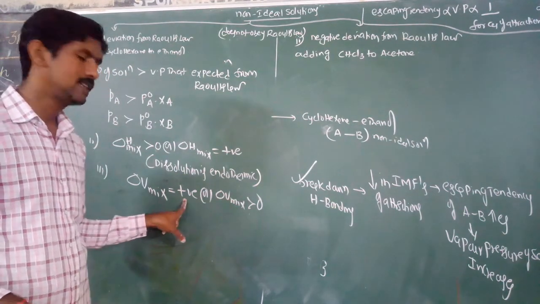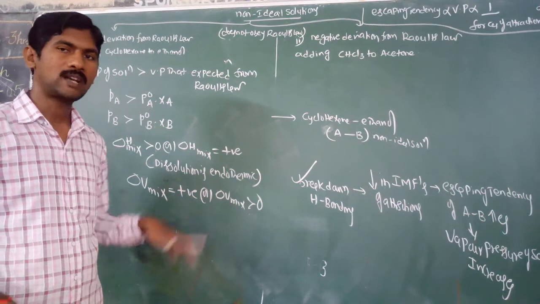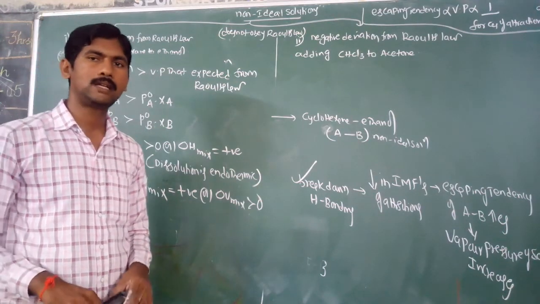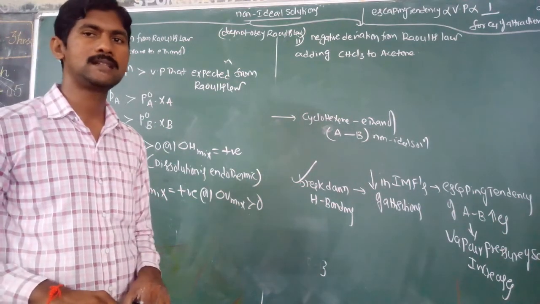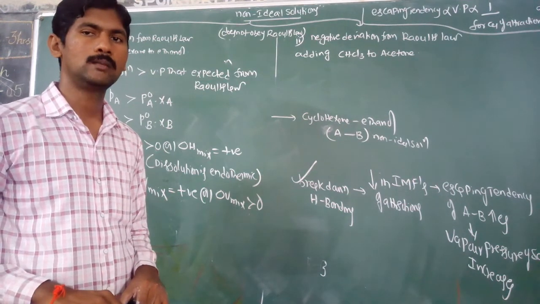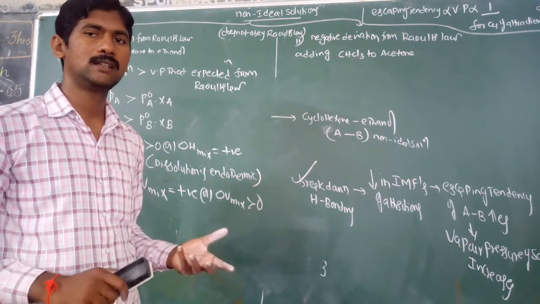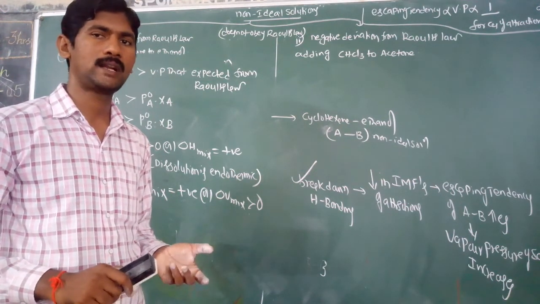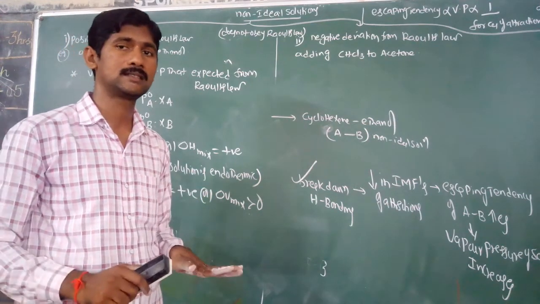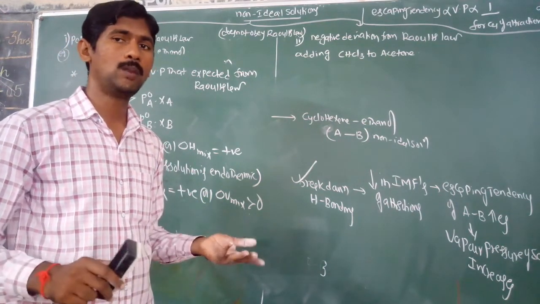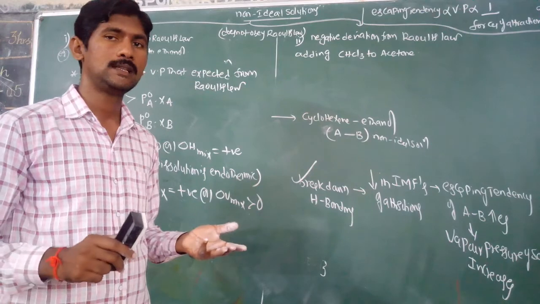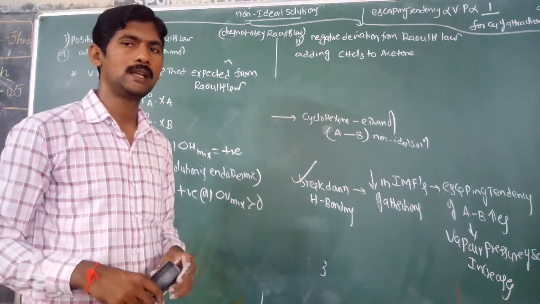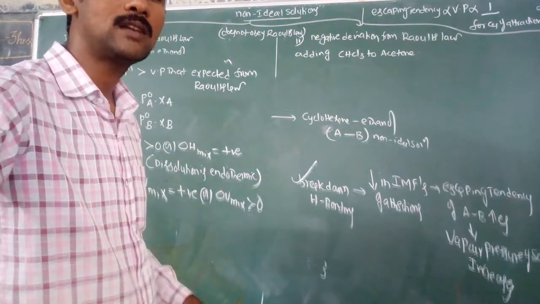After adding cyclohexane to ethanol molecules, there is an increase in volume, because the intermolecular force of attraction decreases. Therefore, the molecules are loosely bound, thereby increasing the volume.